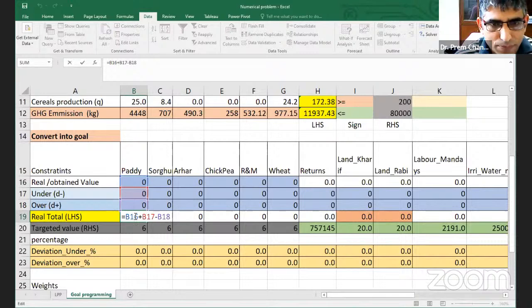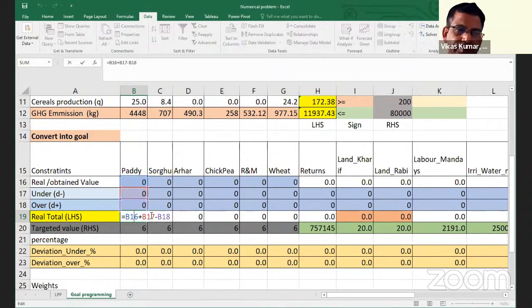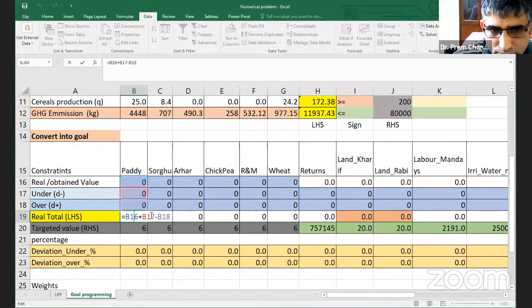You see from this formula, can you see it? Are you able to see the formula? Yes, it's visible, sir. Okay. So it means I can accept an area less than my targeted area. I want to target that there should be balance between all the crops.